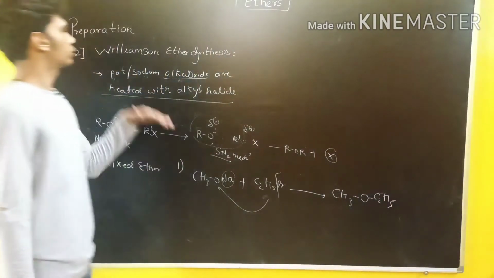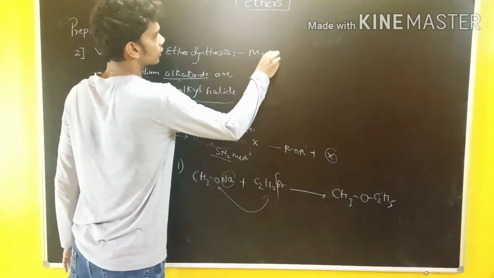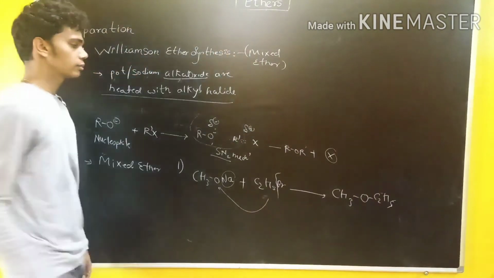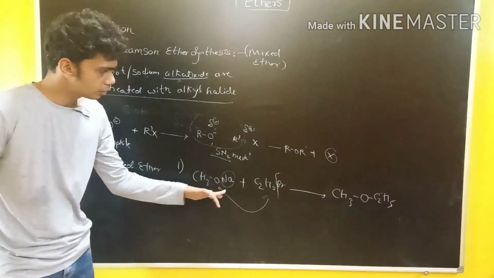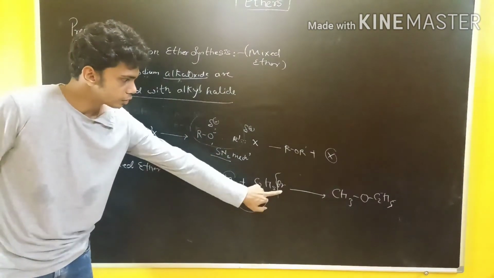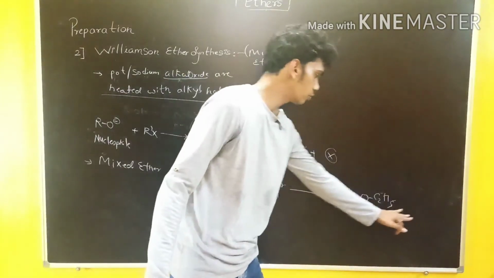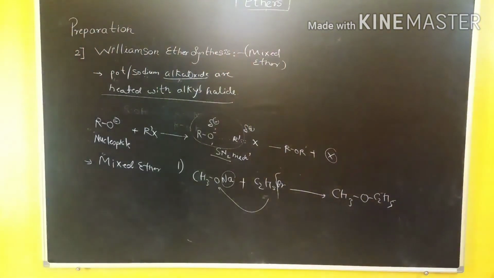So what is the advantage of the Williamson synthesis? We can form mixed ethers. This is the best advantage of this method. The mechanism we will talk about later. The Br is a leaving group, so it shifts from here to there, and that forms the ether, which is a mixed ether.